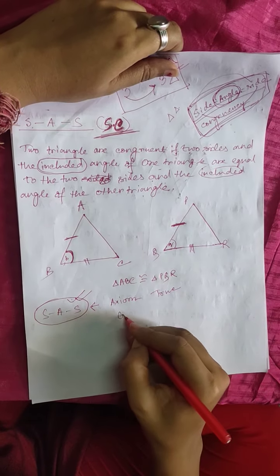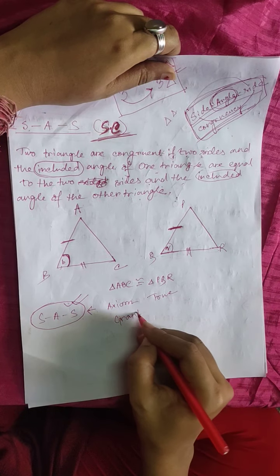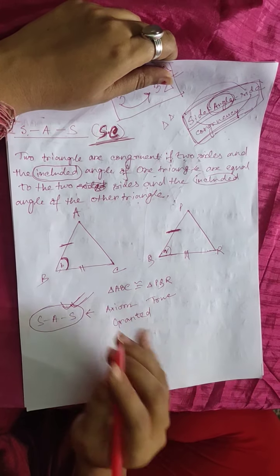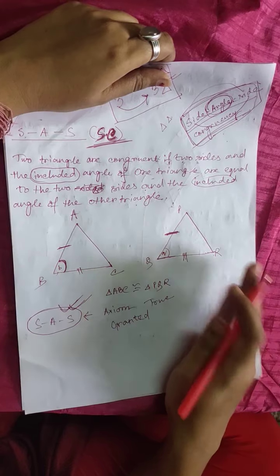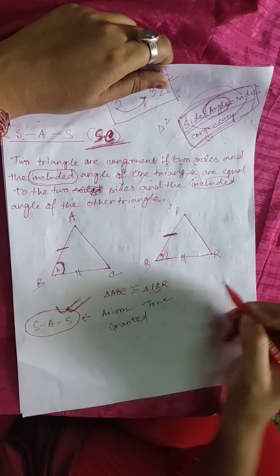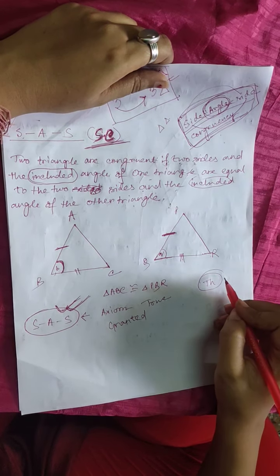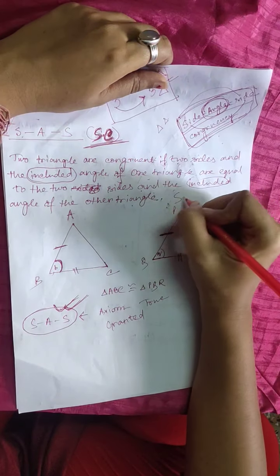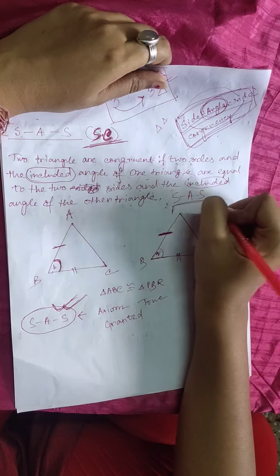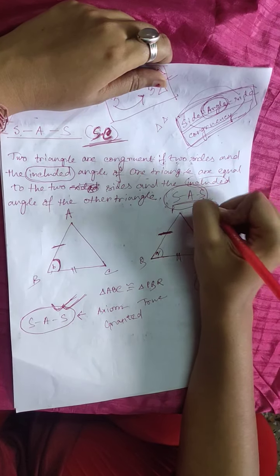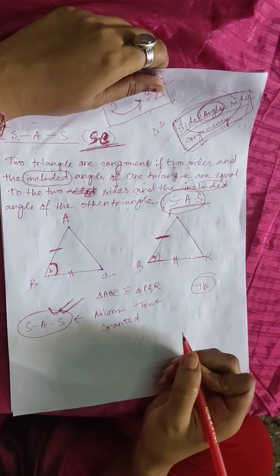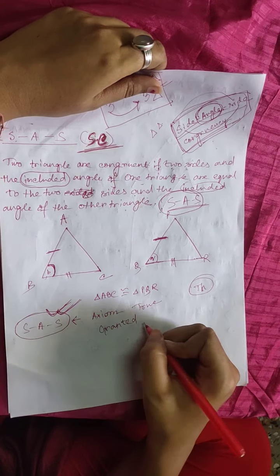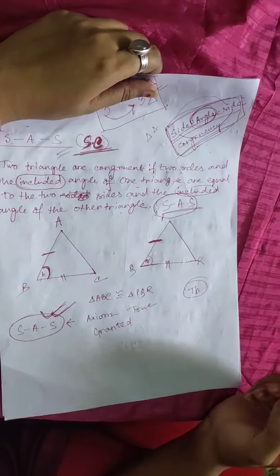We take this for granted that it is true for all triangles. And by using this axiom, we prove the theorems, right? So this is the difference between axiom and theorem, and SAS congruency is an axiom, and by applying this, we will prove the other theorems of congruency. So that's all for SAS congruency.